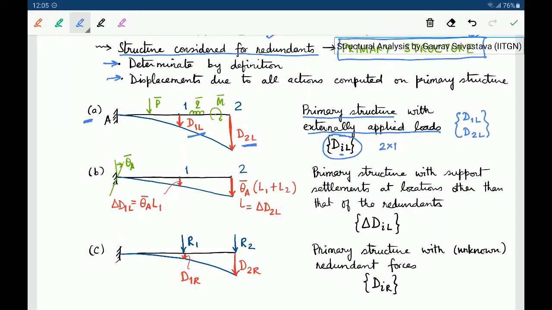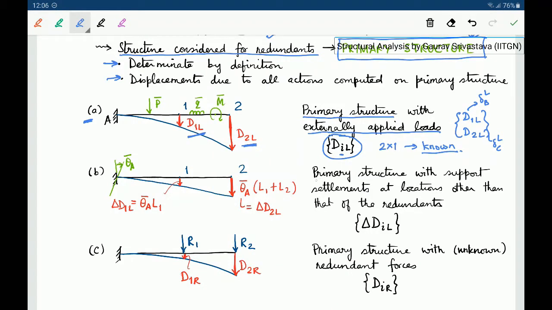D1L is nothing but the deflection at point B due to the loads, and similarly D2L is the deflection at point C due to the loads. Now this can be calculated directly because the primary structure is known, it is a determinate structure, and the applied loads are known. So this is a known quantity and can be calculated.